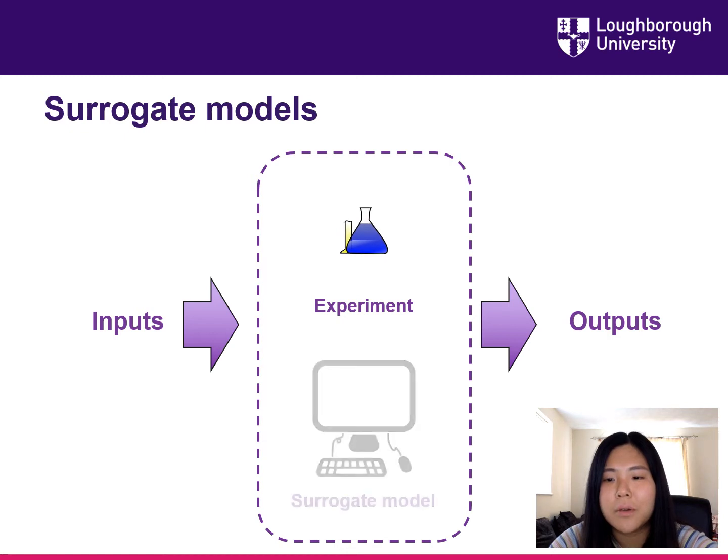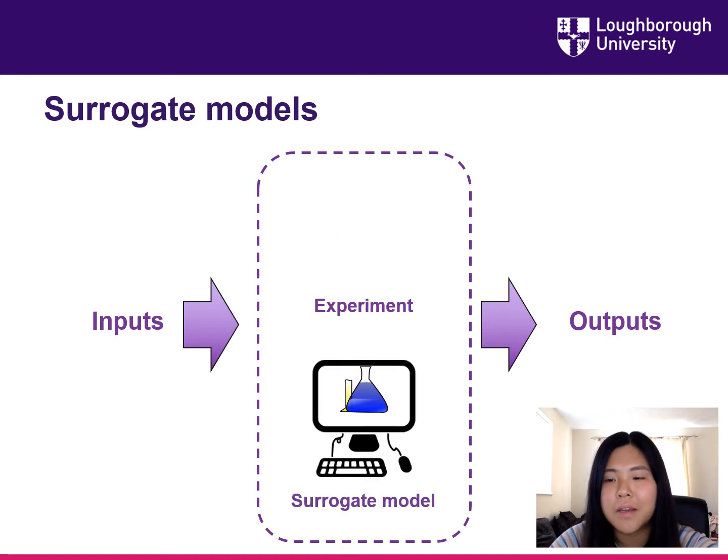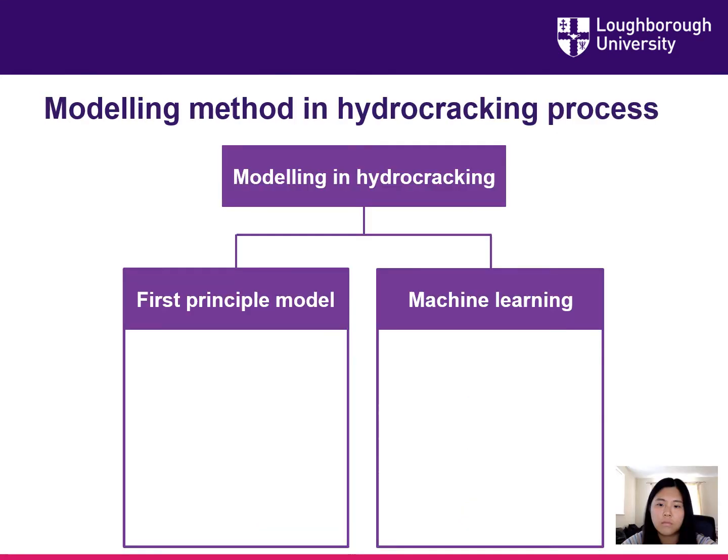So a surrogate model is actually an approximate model that maps the process inputs to an output. It also provides an inexpensive and faster modeling method to suggest the next point evaluation instead of using the real process or experiment, which is always costly and time consuming. So there are two types of modeling methods in the hydrocracking process. They are first principle model and machine learning.